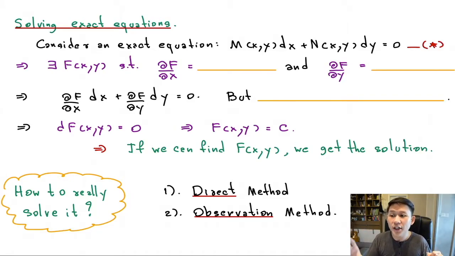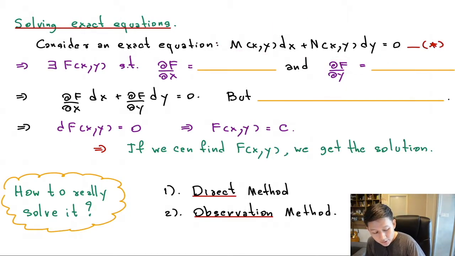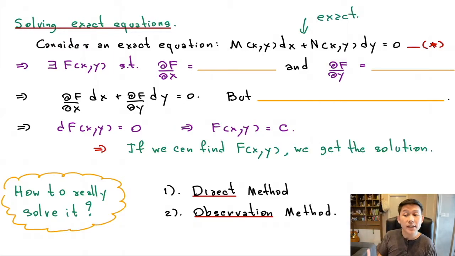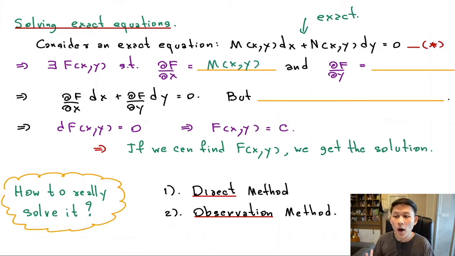First, let's consider an exact equation. Given this equation, I assume that it is exact, which means that there exists an f such that ∂f/∂x is M(x,y) and ∂f/∂y is N(x,y).